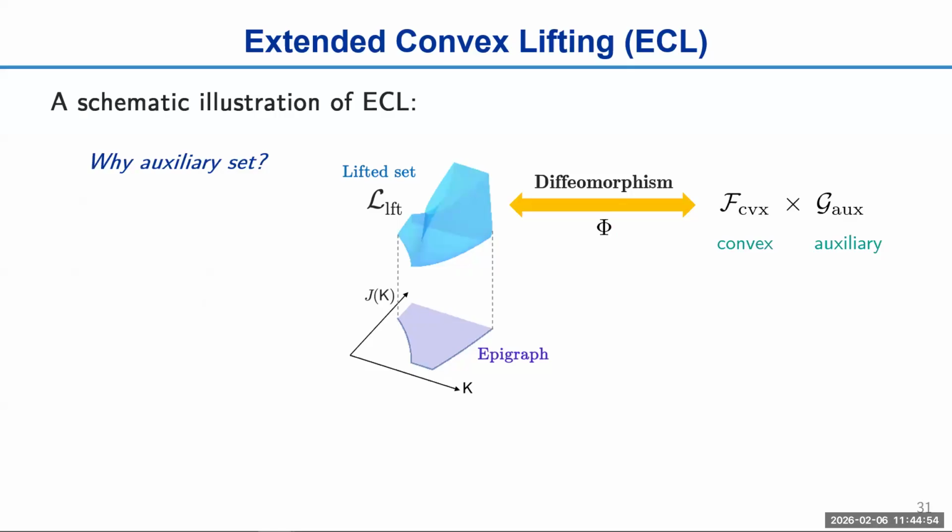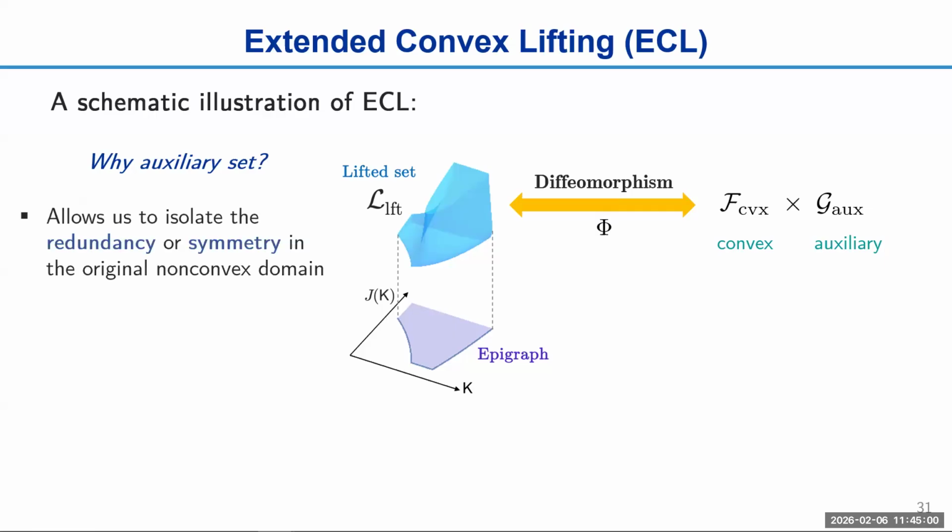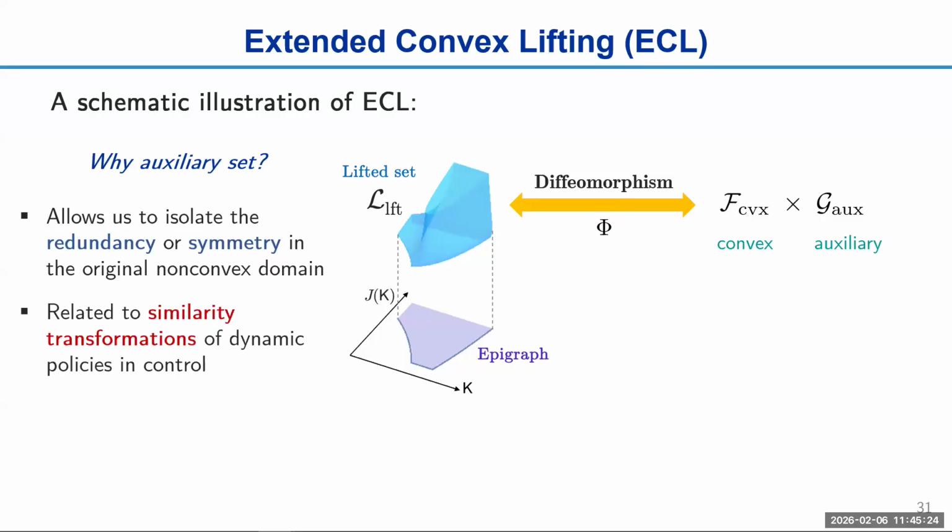And then why do we need another auxiliary set in addition to the convex set? This is because it will allow you to isolate some redundancy and symmetry in the original non-convex problem. So in this problem, you may have some symmetry going on. You may have some redundancy in policy parameters. And this set will help you isolate those kinds of symmetry, and you only concentrate on the convex property in the reformulation.